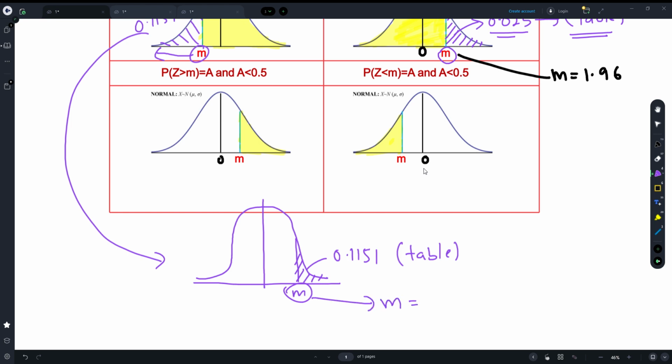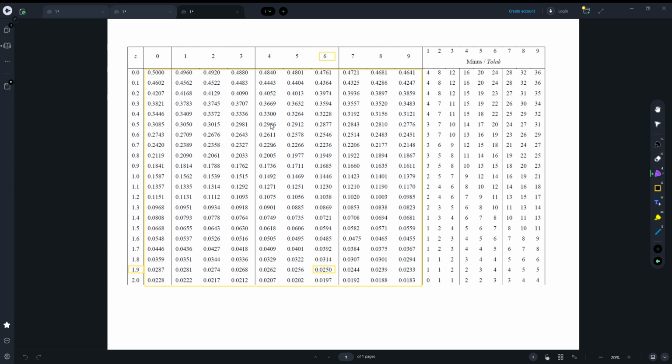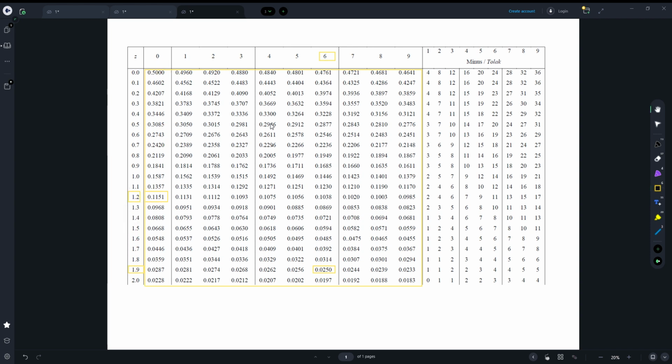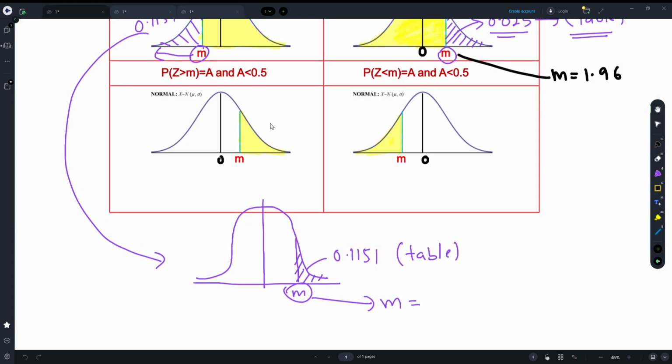So let us find 0.1151. Where is it? Do you find anything closer to 0.1151? Yes, I have a perfect combination, 0.1151, which corresponds to 1.20. So let me update here. My M value will be 1.20.